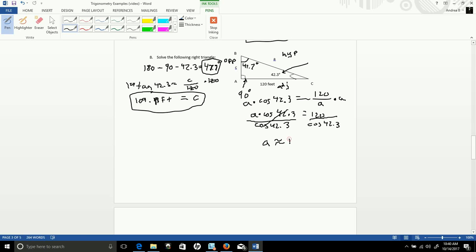But either way here, you should end up with about 162.24 here. And once again, this was a measurement of a side, so your units here would be in terms of feet. So make sure that you are labeling those in terms of whether you're dealing with the distance there or in terms of an angle for those.